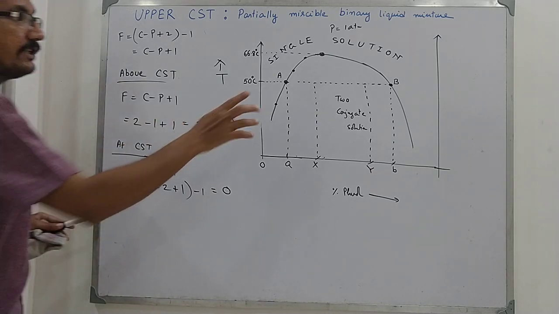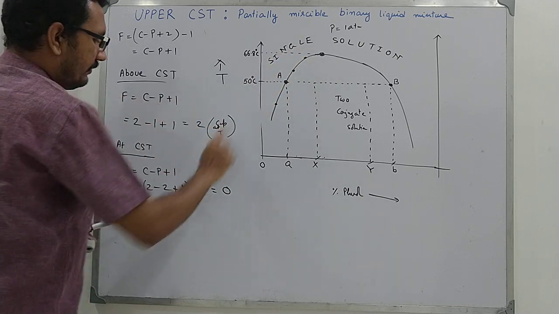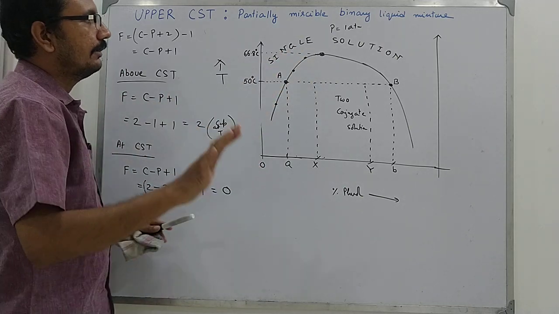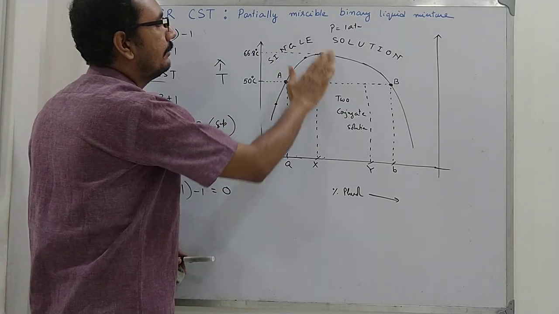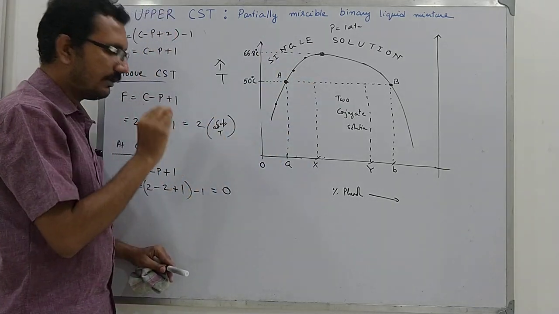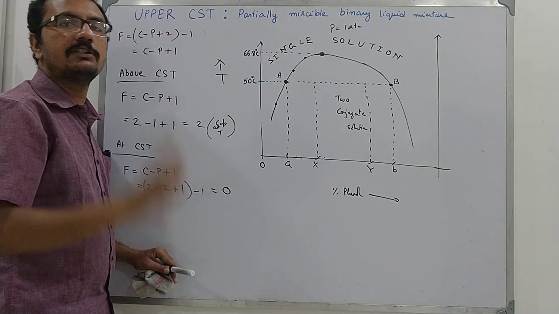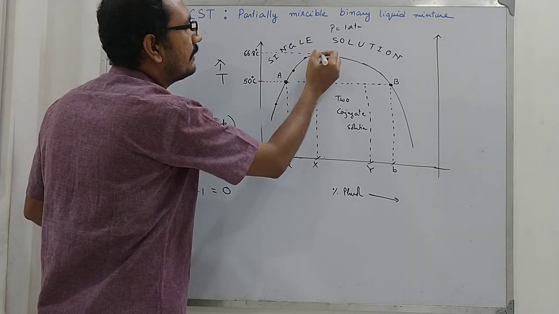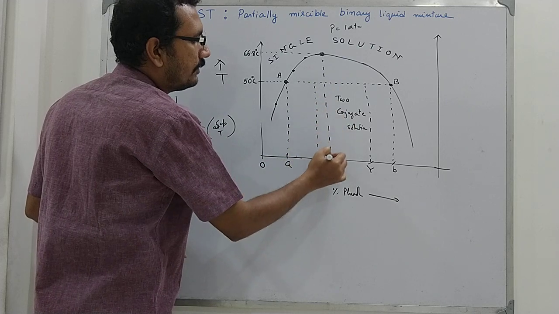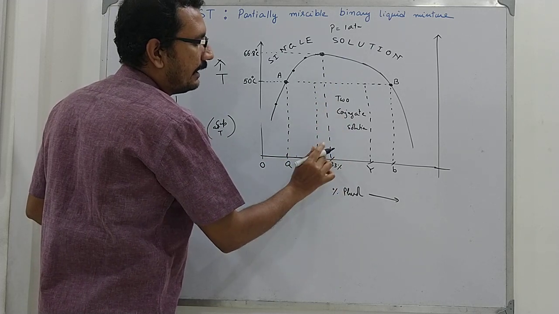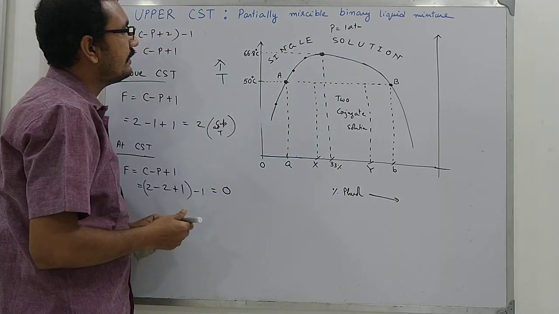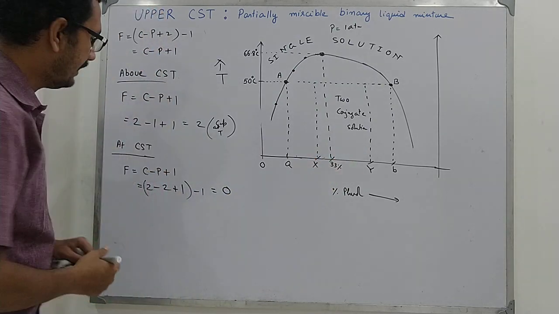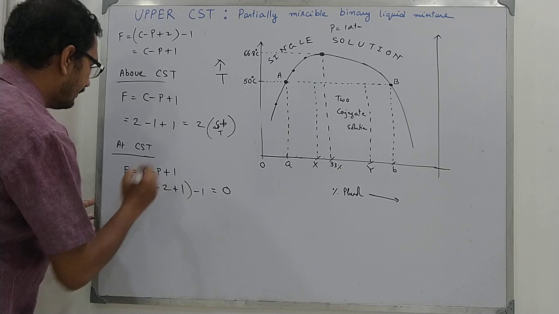So you have nothing to change here. You cannot change the composition, cannot change the temperature. At 66.8 degrees centigrade for the phenol water system, and at composition 33%, you will get the upper CST. If you change any one of these, you will not get the upper CST anymore. So this is an invariant system.